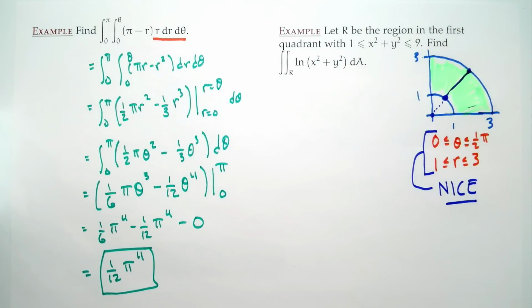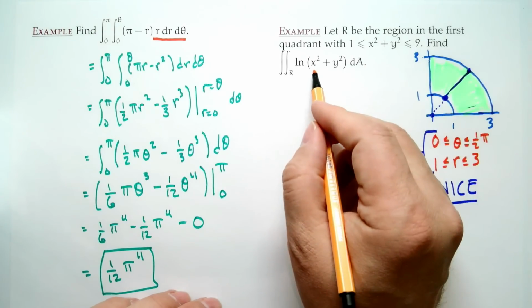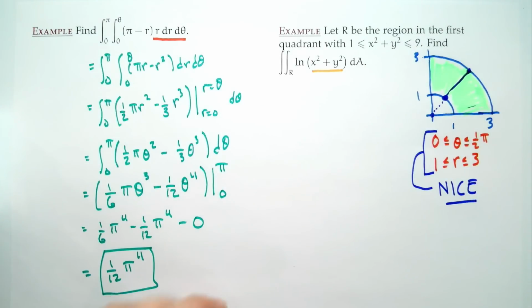All right. So there's something else that suggests polar. Notice this x squared plus y squared on the inside. Now, it's possible for us to figure out log of x squared plus y squared if we're integrating in Cartesian coordinates. We do integration by parts. We would silently curse the problem, but we could get through it. But in polar, what happens to x squared plus y squared? It becomes r squared.